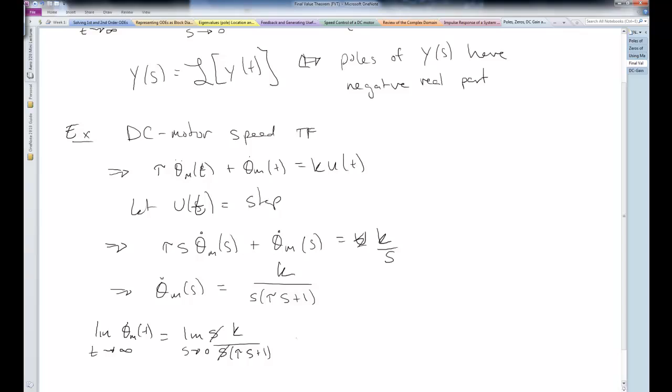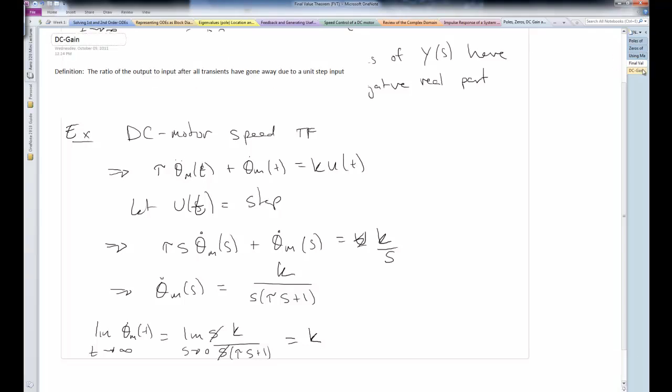So those s's cancel out, and I end up with k. So I don't have to actually solve the differential equation to find out what the final value of the solution would be. If I just have the frequency domain transfer function and then knowing what the input is, I can tell you what the final value is in time by looking at it in the S domain.